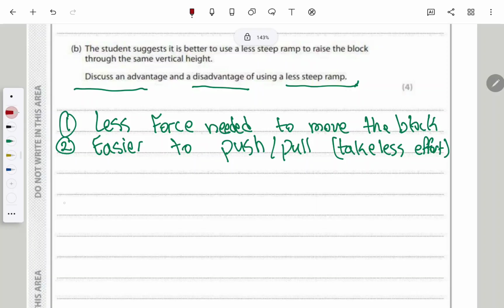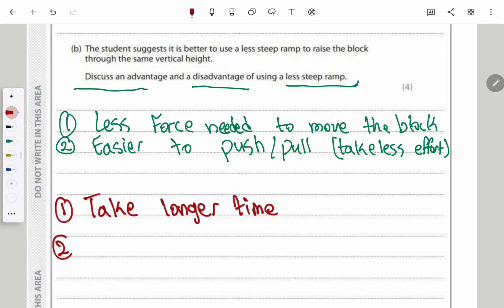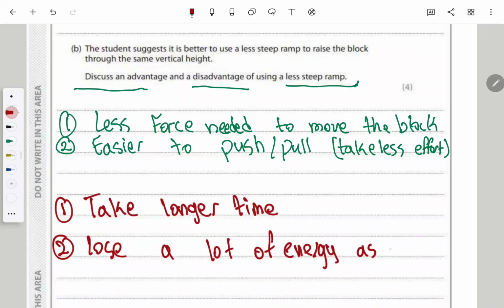The disadvantages are pretty obvious. Disadvantage number one is it's going to take a longer time. Disadvantage number two is that you will lose a lot of energy as thermal energy.